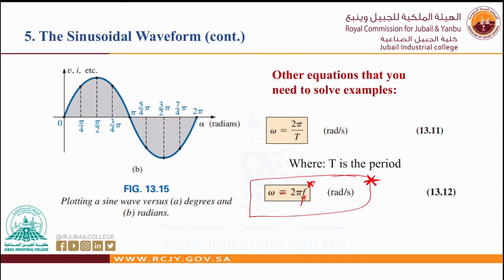The frequency is in hertz. The angular velocity is how fast this AC wave is oscillating between negative and positive. That's why we are multiplying by 2 pi.